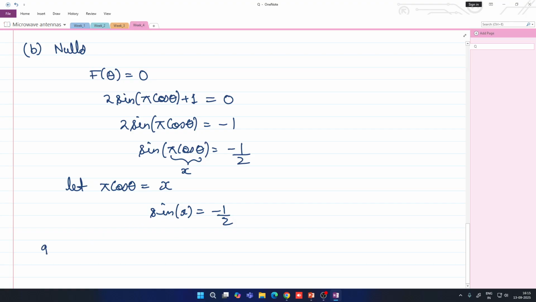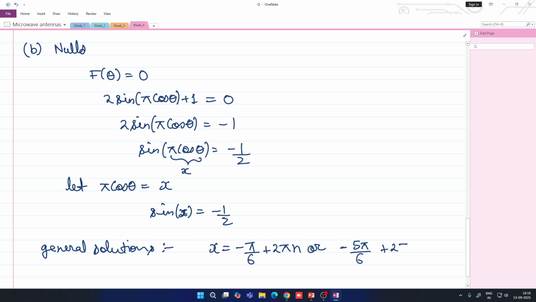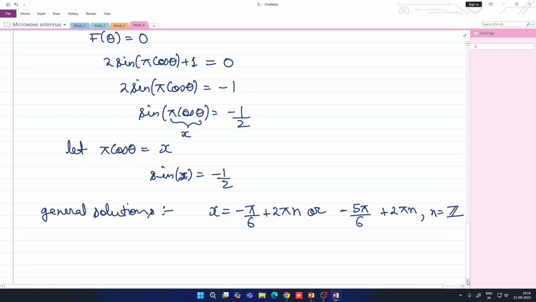Now if we write the general solution for x where sin x becomes minus 1 by 2, we can write this as x equals minus pi by 6 plus 2 pi n, or it can be minus 5 pi by 6 plus 2 pi n, where n can be any integer, means 0, 1, 2, 3, 4, 5, anything.